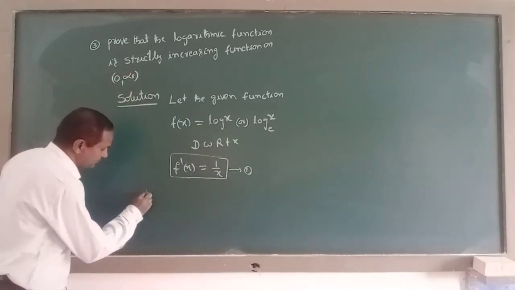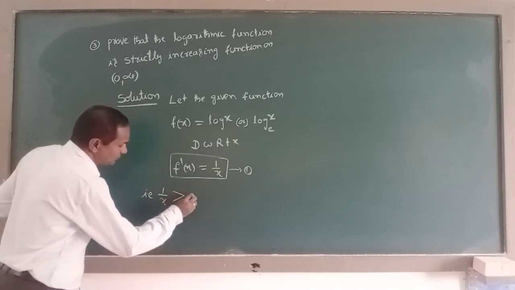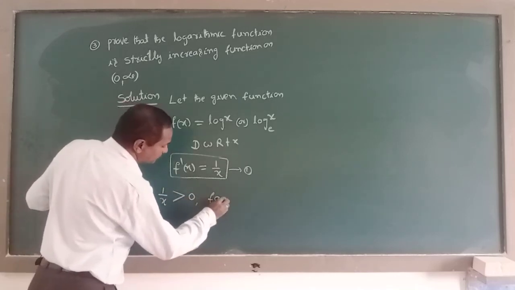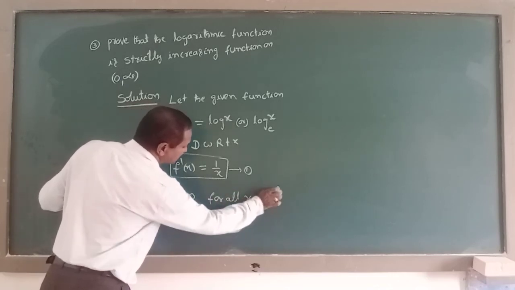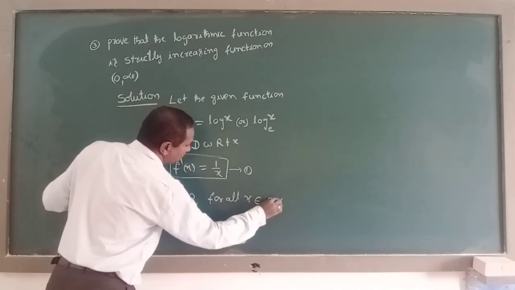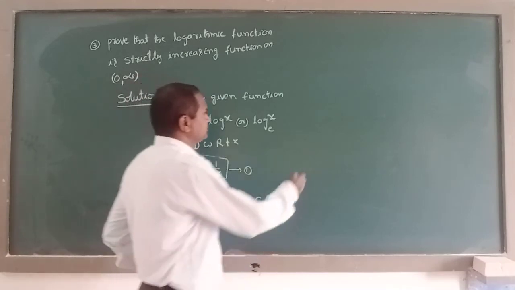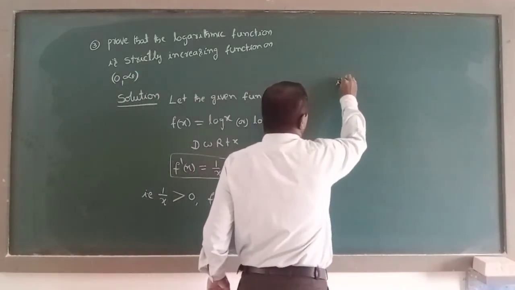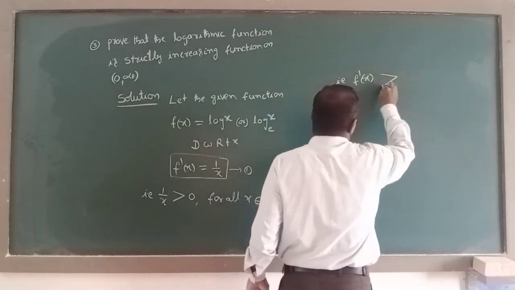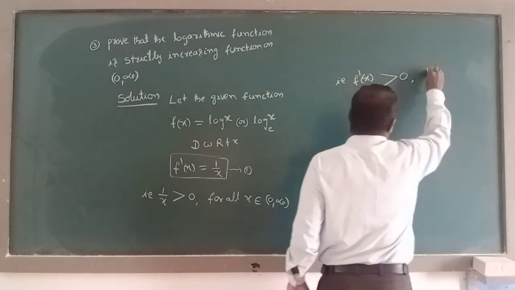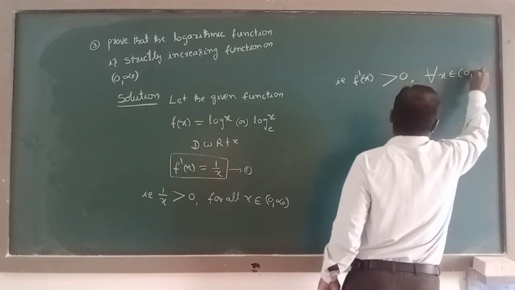That is, 1 by x is always greater than 0 for all x belongs to the open interval 0 comma infinity. That is, f dash of x is always greater than 0 for all x belongs to the open interval 0 comma infinity.